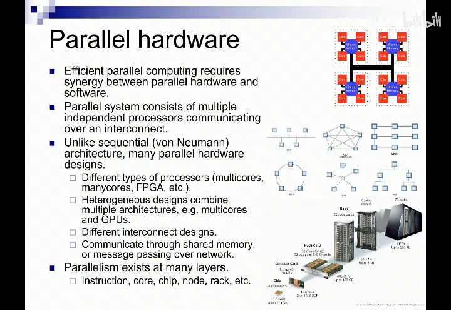We start out with a single chip, and the chip has within itself parallelism at, for example, the instruction level or the core level. We can put several of those chips together into a processor and put that into a card. Then we can take several of these cards and put them together into a node. We can put multiple nodes together into a rack, and then we can combine multiple racks into a big supercomputer. I'll go through more about this process later when I show you more details about the design of a particular supercomputer, the Tianhe 2 computer.